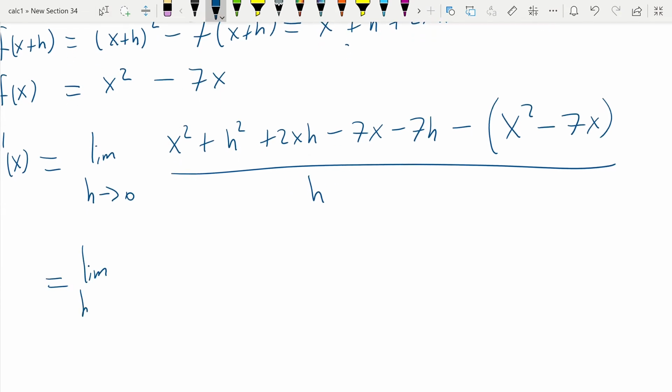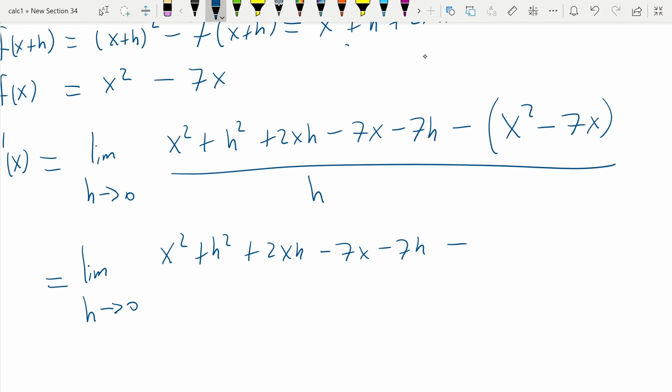This is the limit when h goes to 0 of x squared plus h squared plus 2x times h minus 7x minus 7h minus, and then be very careful now. We are bringing a minus inside. We're distributing a minus 1.